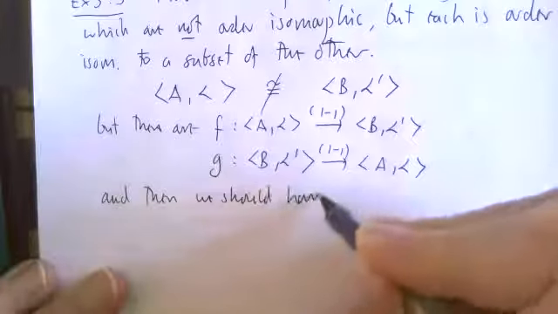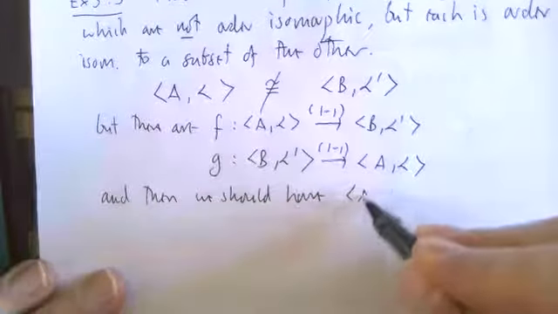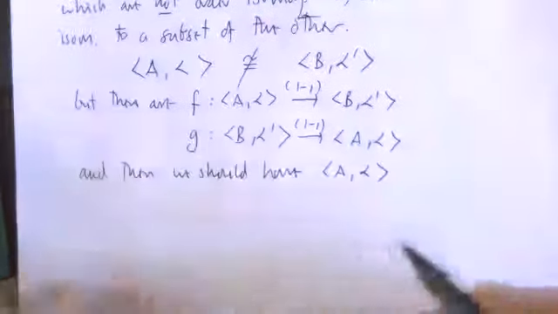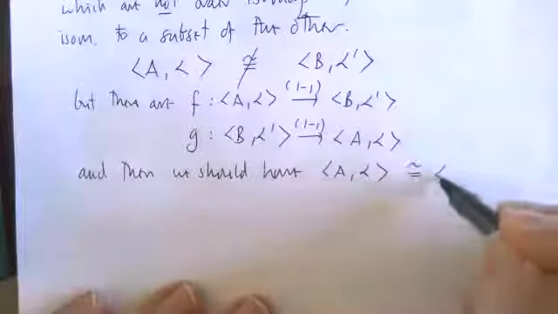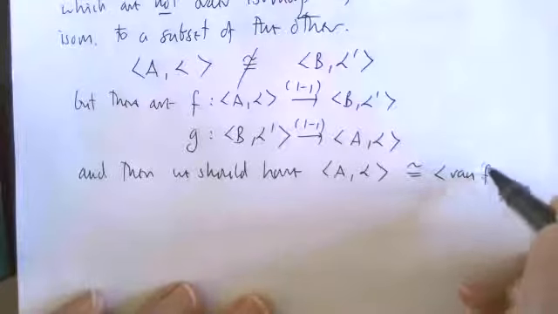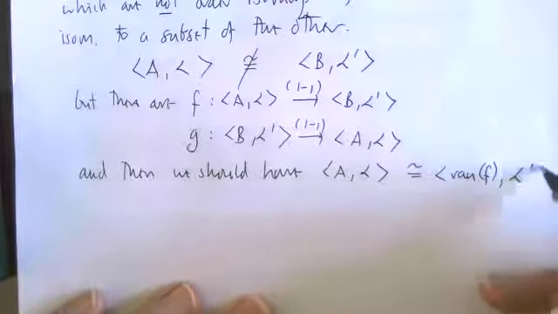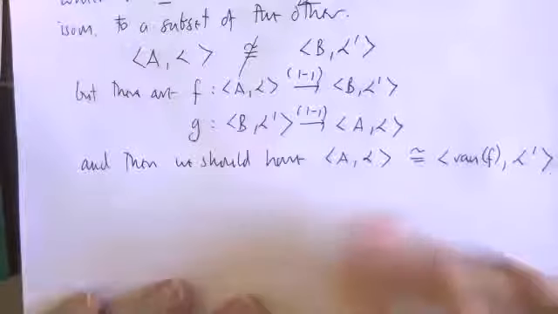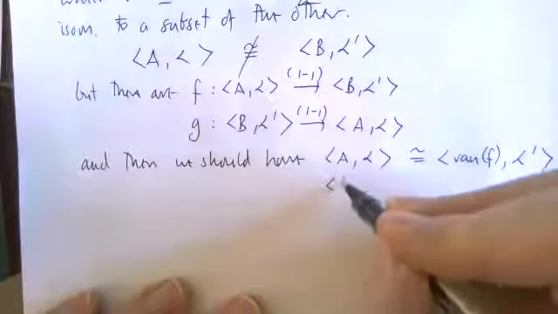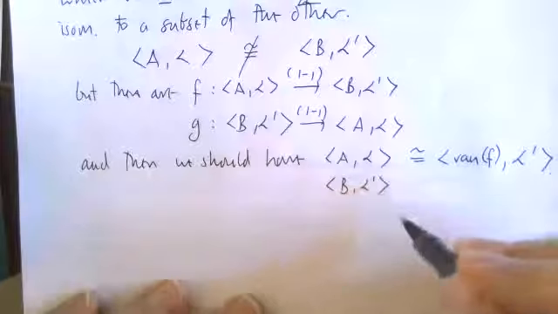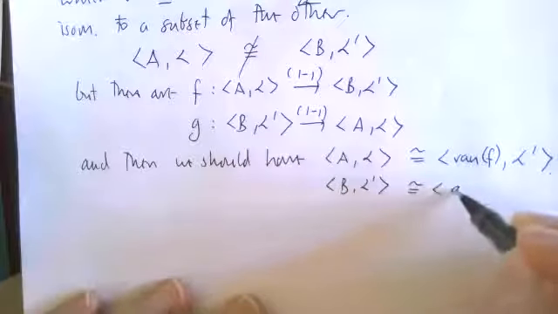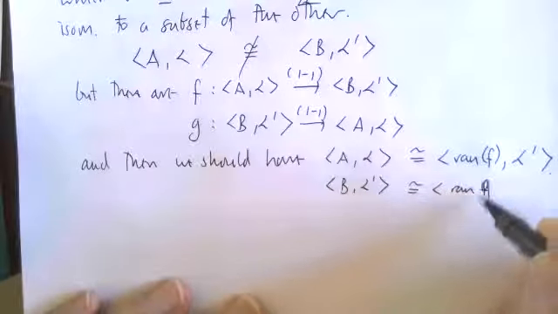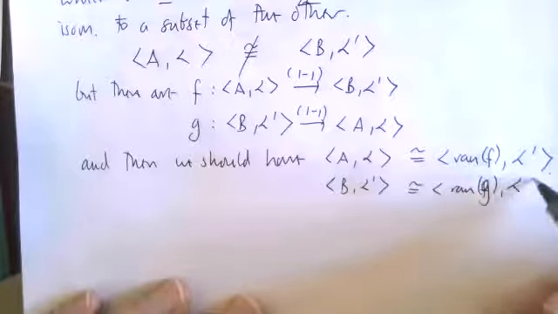So then we should have that A with less than is isomorphic to the range of F with the ordering on the B side, and likewise the other way around, the range of G on the A side.